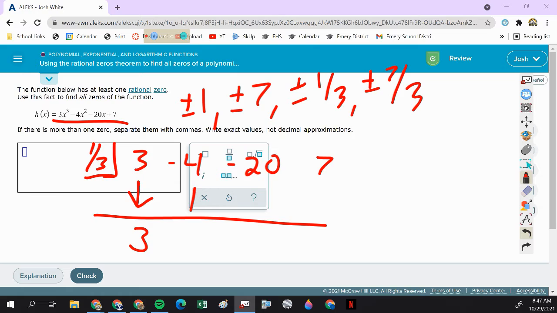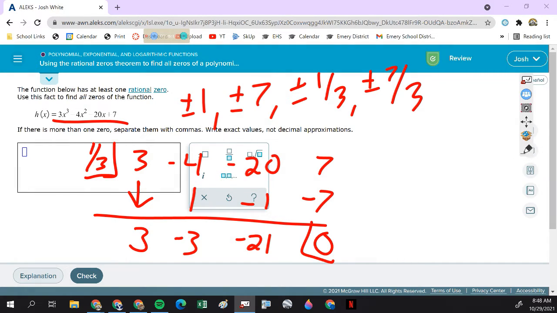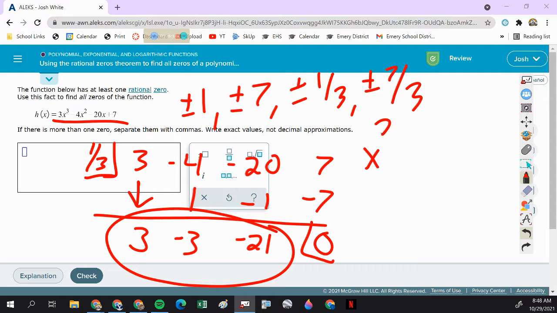So that gives me negative 3. 1/3 of negative 3 is negative 1. So that gives me negative 21. 1/3 of negative 21 is negative 7, which gives me a 0. Now take the resulting equation and divide it by 3, which yields x squared minus x minus 7.